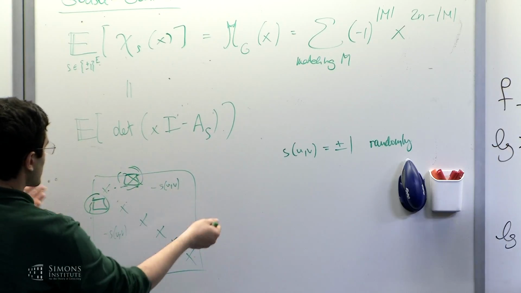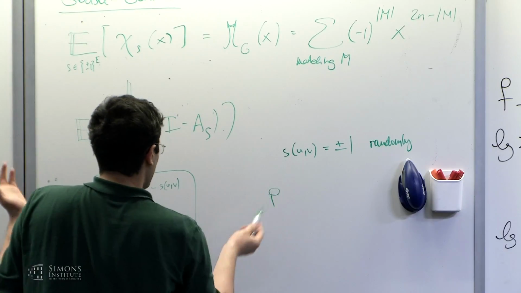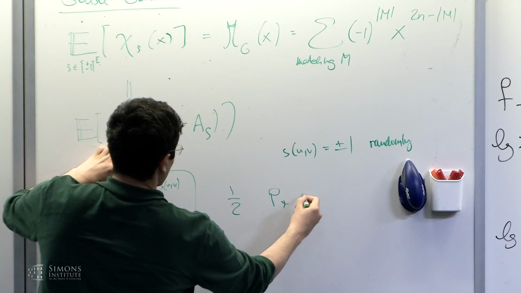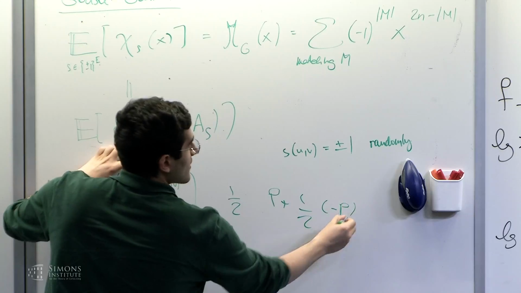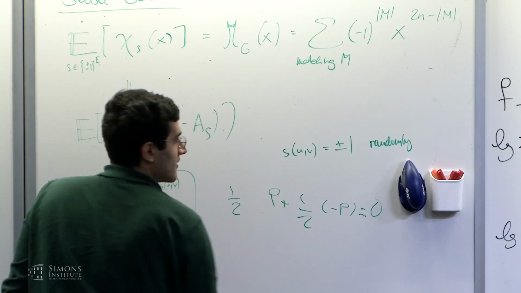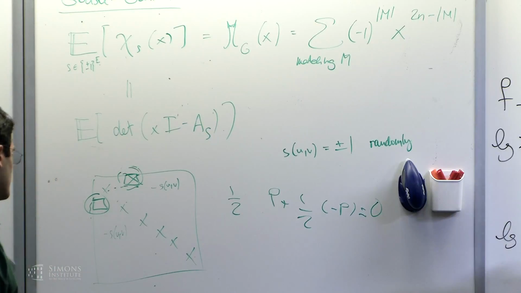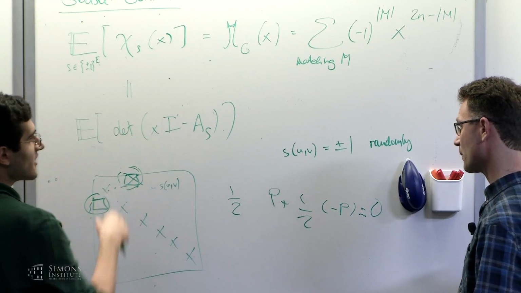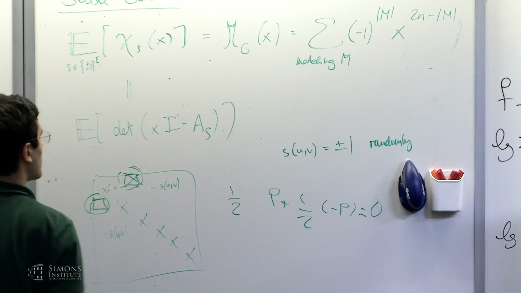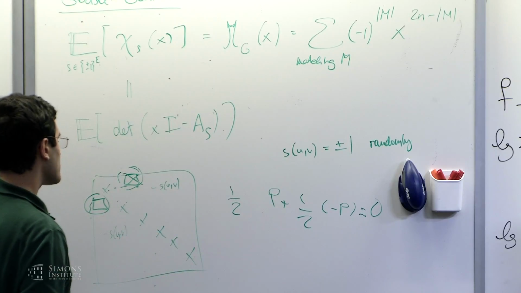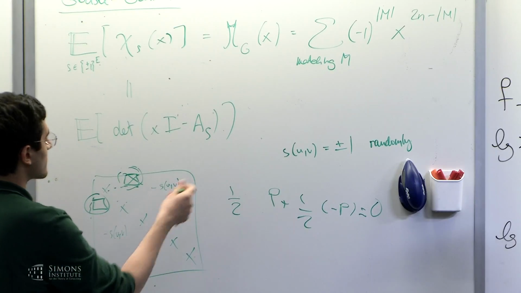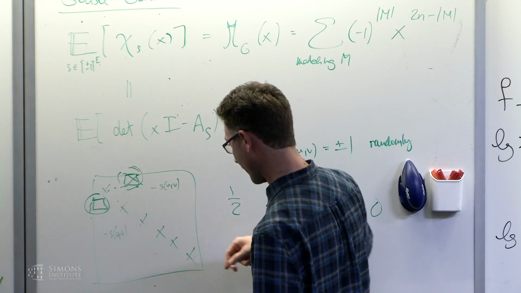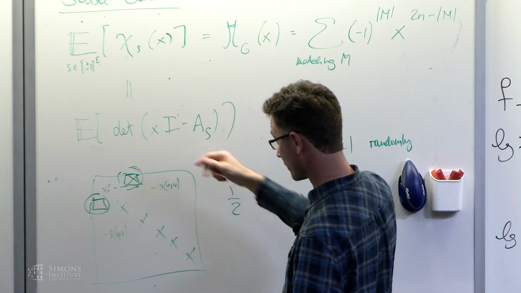The product of everything else, if it's P, then you have 1/2 probability P and 1/2 probability minus P. Otherwise, you're counting, so you must have both, and there are some entries on the diagonal, which are the vertices not covered by the matching.